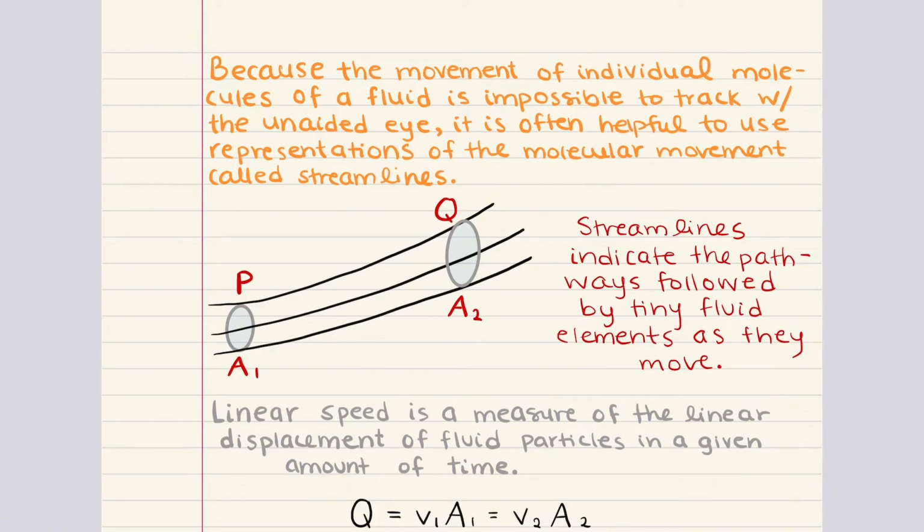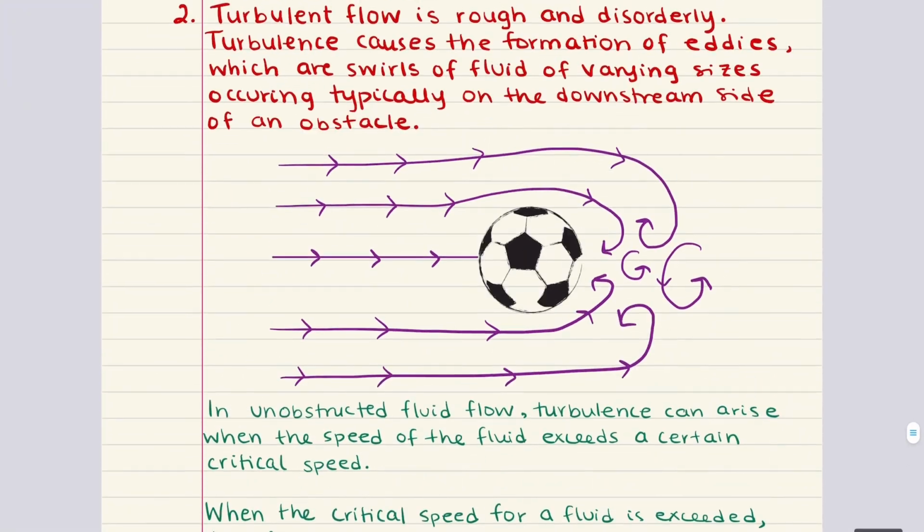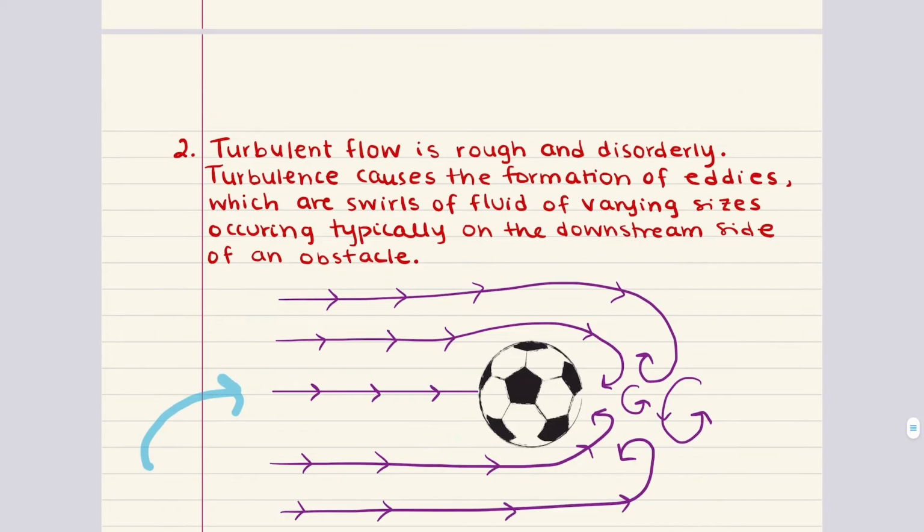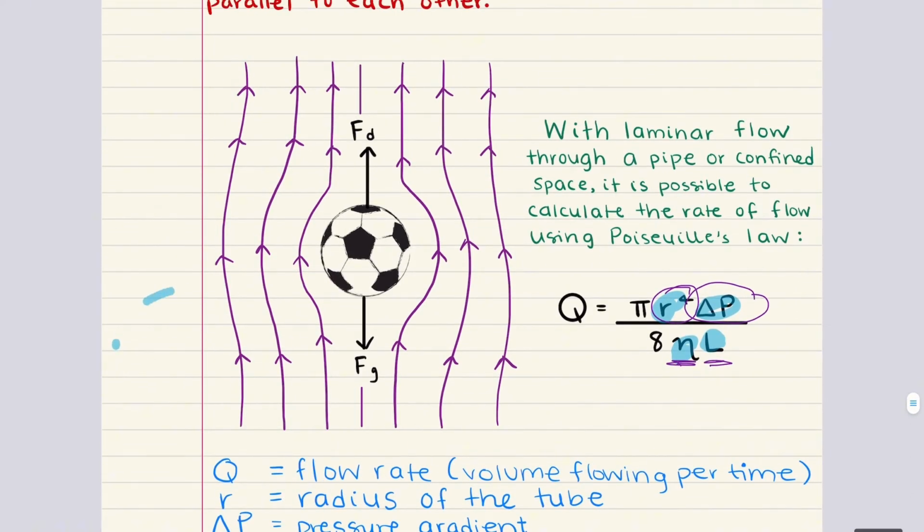In laminar flow, the streamlines are smooth and parallel, and they show a predictable path for each particle. In turbulent flow, on the other hand, these lines would be twisted and chaotic, reflecting the disorderly nature of the fluid. And we kind of saw that in each section. So here we see streamlines for turbulent flow, and up here we see streamlines for laminar flow.